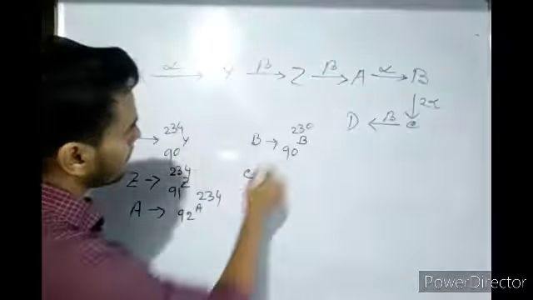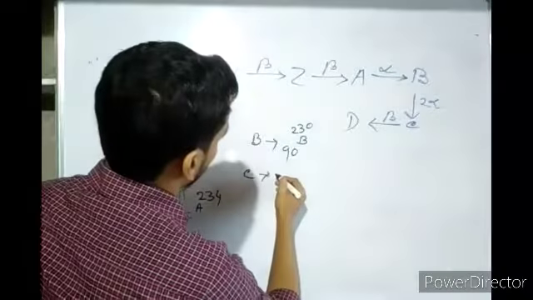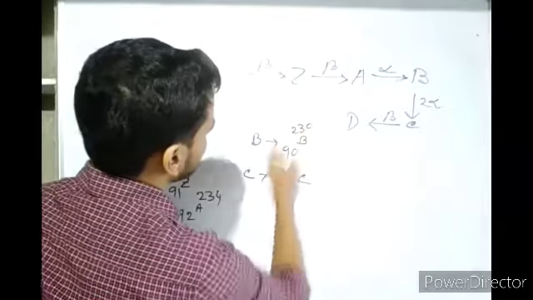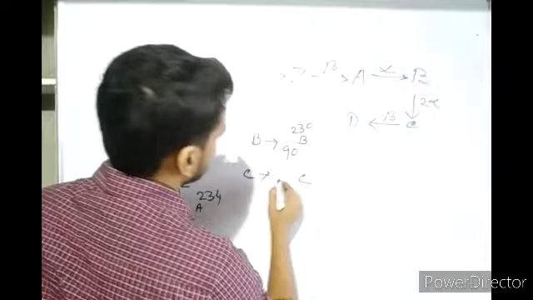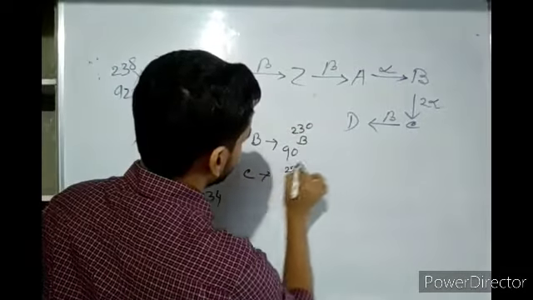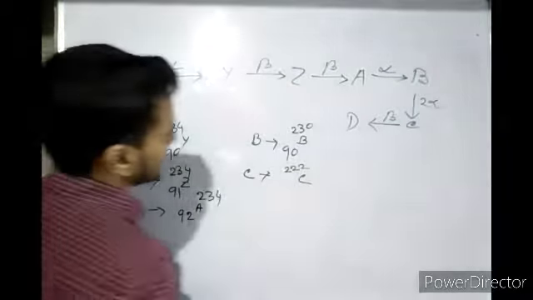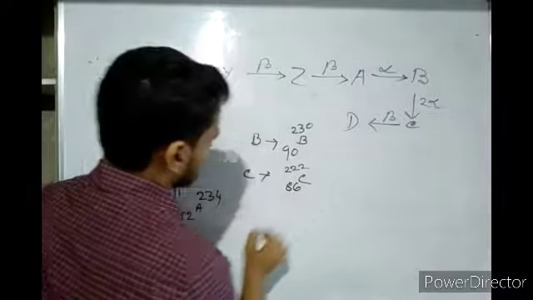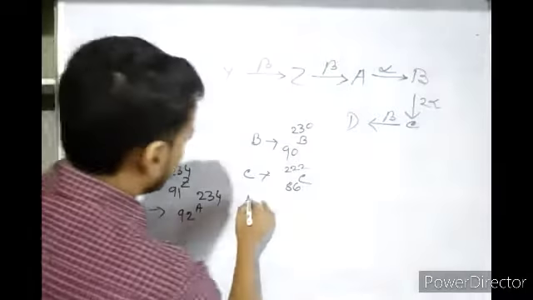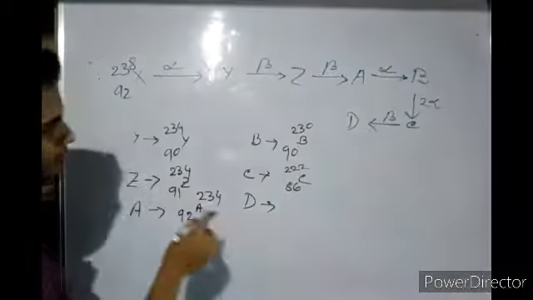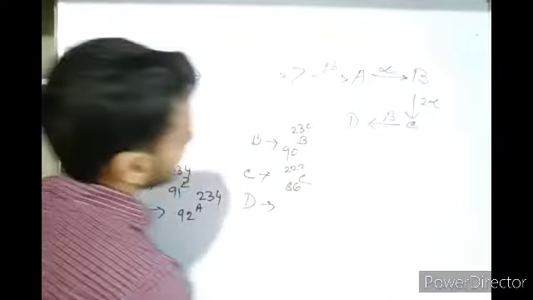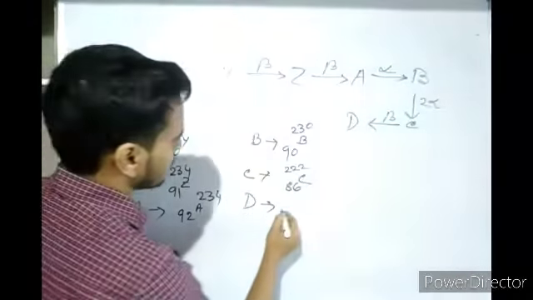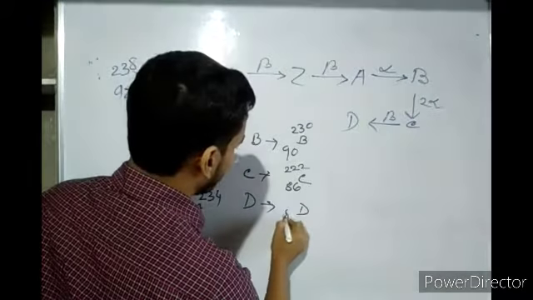So C would be mass number decreased by 8 and atomic number decreased by 4, that is 86, 222. D, beta. In case of beta emission, atomic number is increased by 1, mass number no change. So D would be 87.